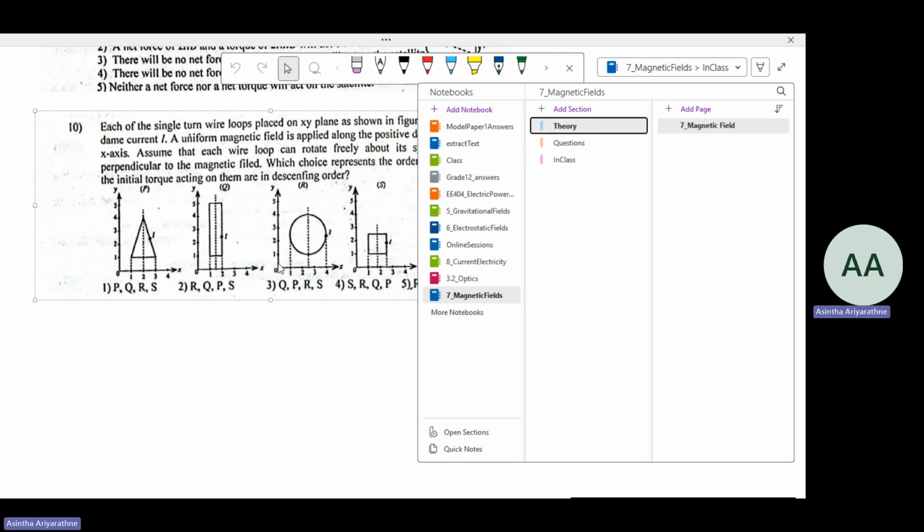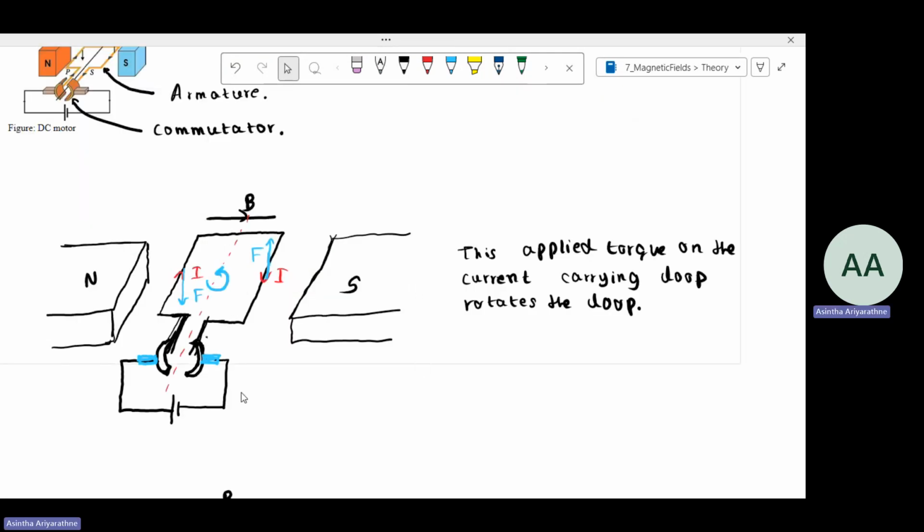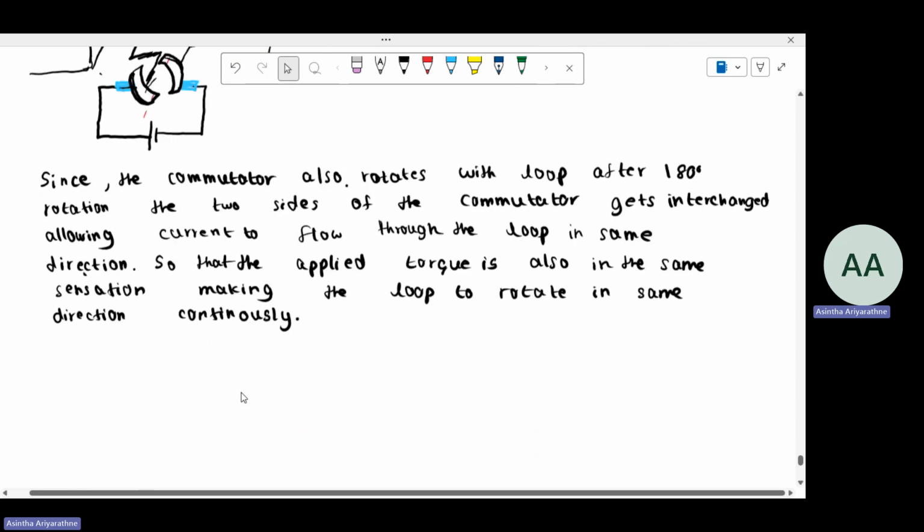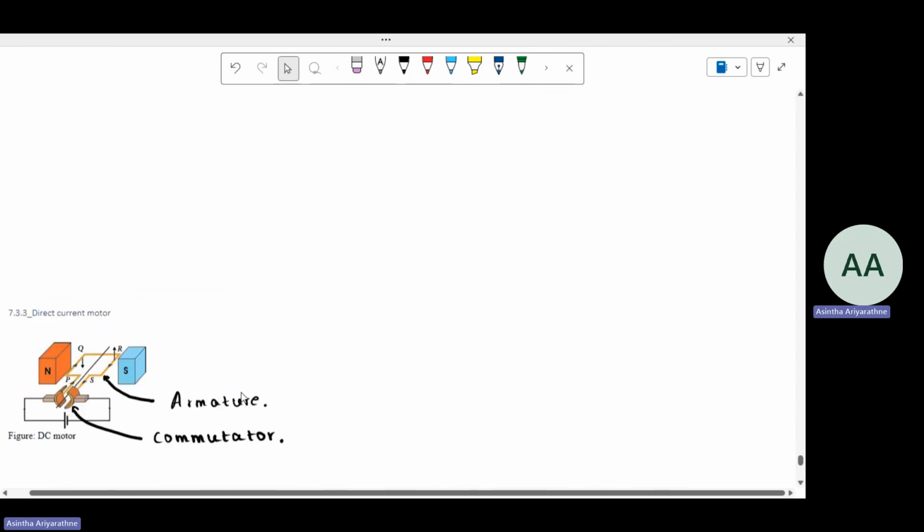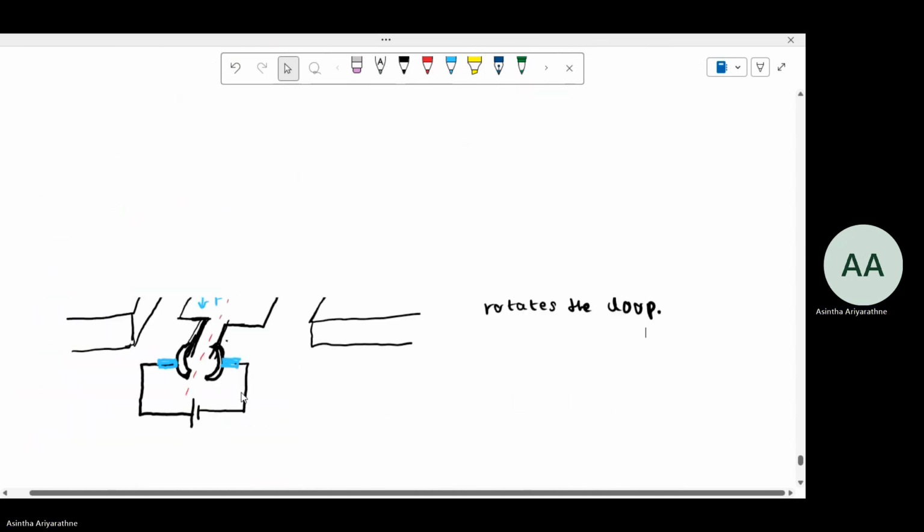Right, so that's basically the theory part related to this magnetic field section.